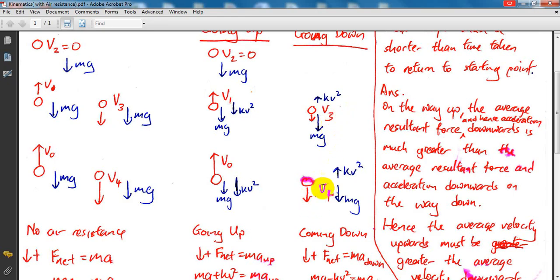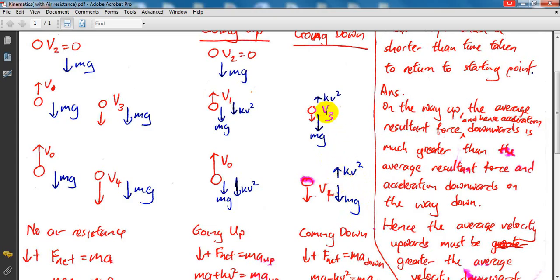So as I go from v3 to v4, the magnitude of the velocity increases, and hence kv squared, the magnitude, must also increase. So as you can see, when I go from v3 to v4, my net force downwards drops because mg remains the same. However, kv squared increases, but increases in the upward direction.